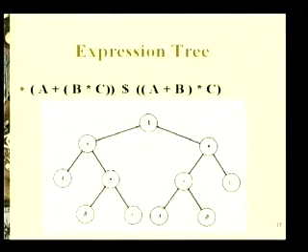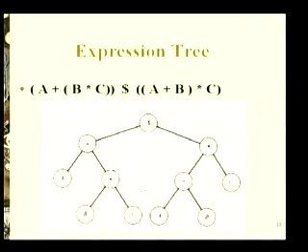Next comes the expression tree, where you will be representing different expressions in the form of a binary tree. This is very much self-explanatory, but still I will explain a bit. A plus B star C. So here you travel to A, and then you print plus, and again you go to B. It is nothing but in-order traversal.